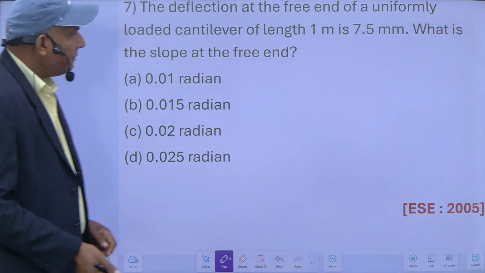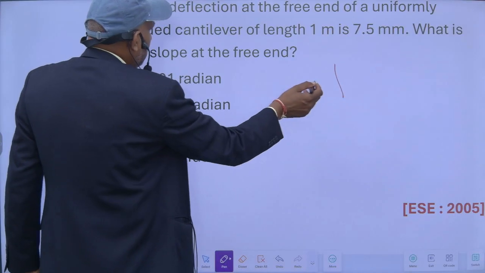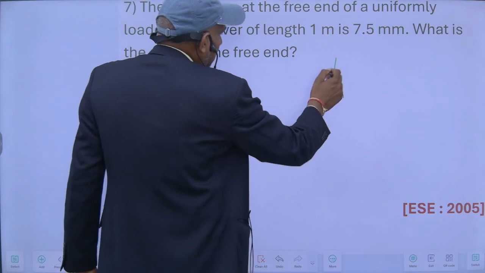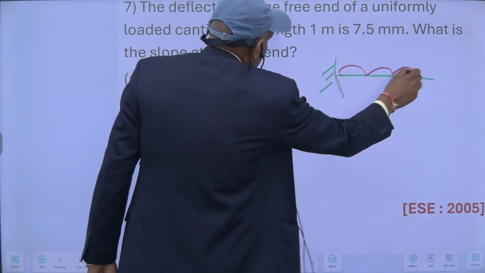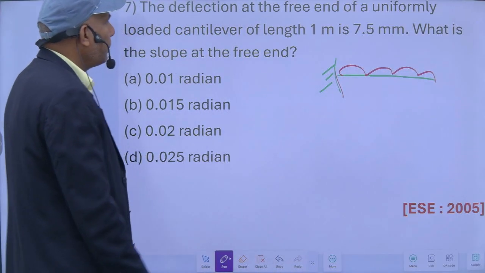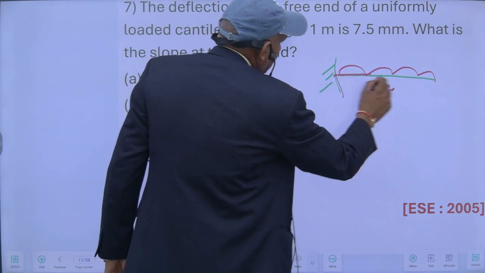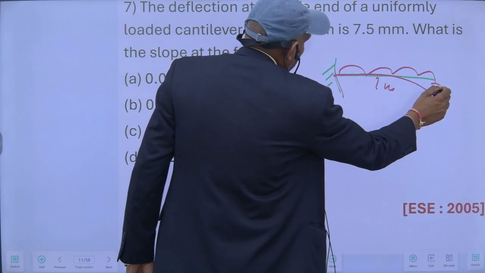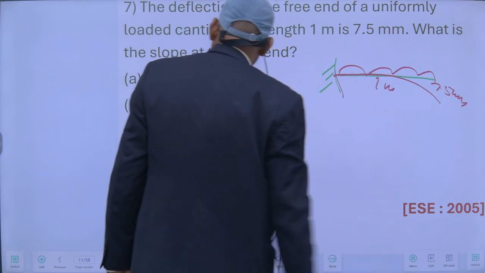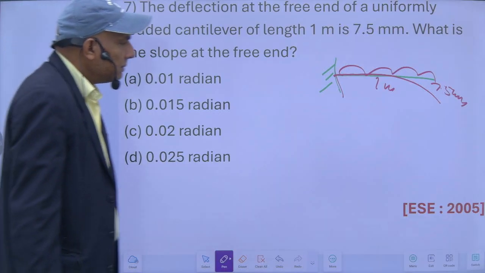The deflection at the free end of a uniformly loaded cantilever. The length is 1 meter, and the deflection at this point is 7.5 mm. What is the slope at the free end?